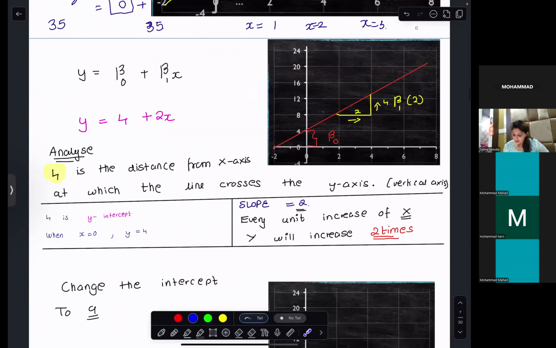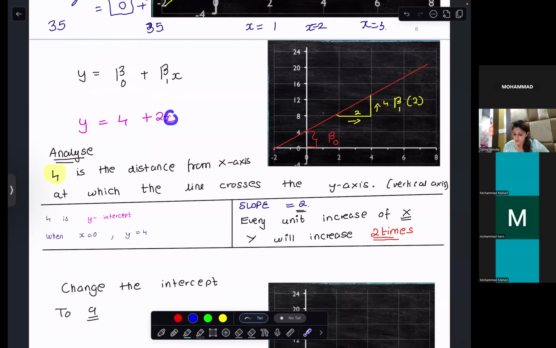So 4 is the distance from the x axis. It is the place where my line crosses the y axis. 4 is my y intercept. It tells me when x is equal to 0, y is equal to 4.